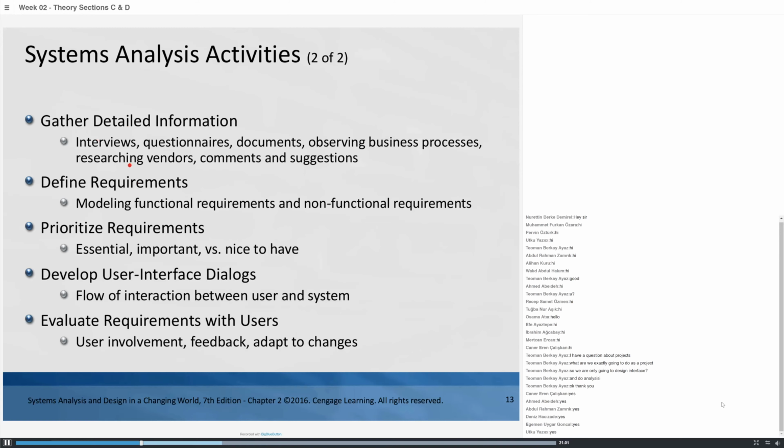The second activity is defining requirements. Defining requirements is not just a matter of writing down facts. Analysts create models to record requirements and refine and expand the model via the information gathered from the previous activity.